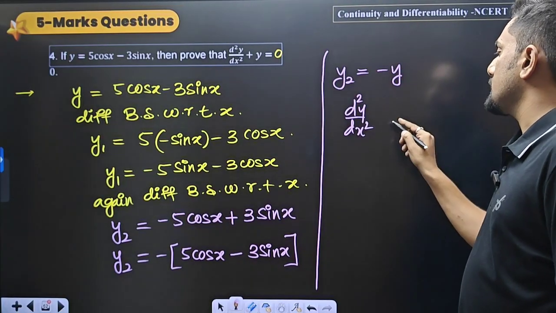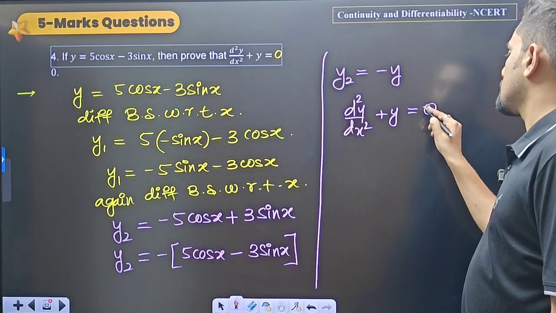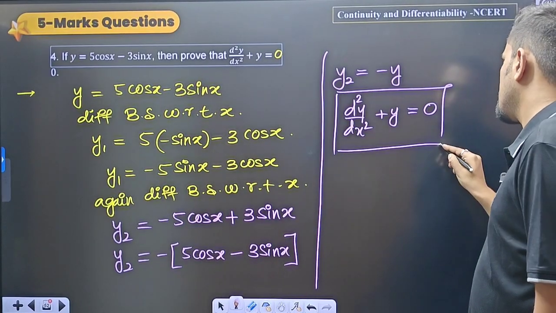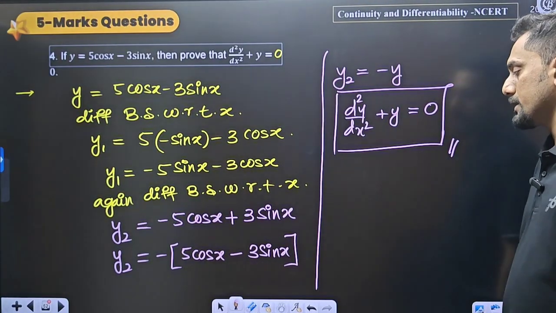If I shift this minus y to this side, then it becomes plus y, and that is equals to 0 is the required proof. If you write this much, then you will get 5 out of 5 marks.